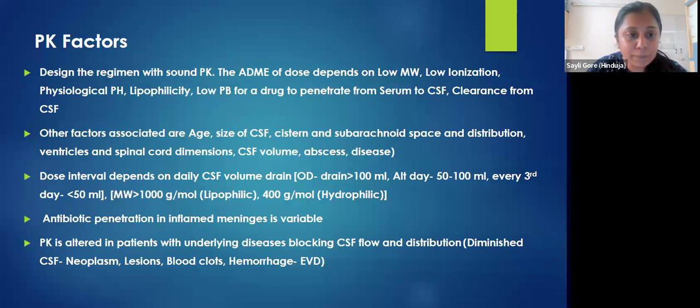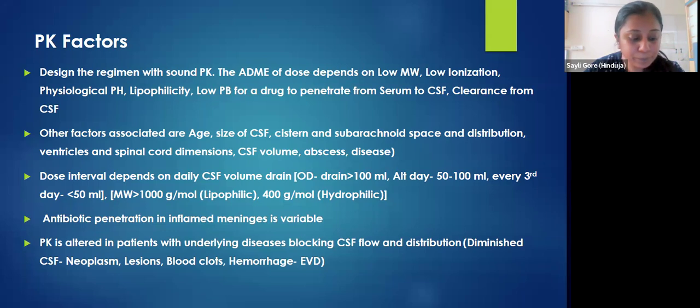And then there are some other antibiotics such as ceftriaxone and teicoplanin that have high protein binding and delayed entry into CSF. Any drug with higher protein binding has delayed entry into CSF. Other drugs which have very high molecular weight, such as vancomycin, have inhibited entry.